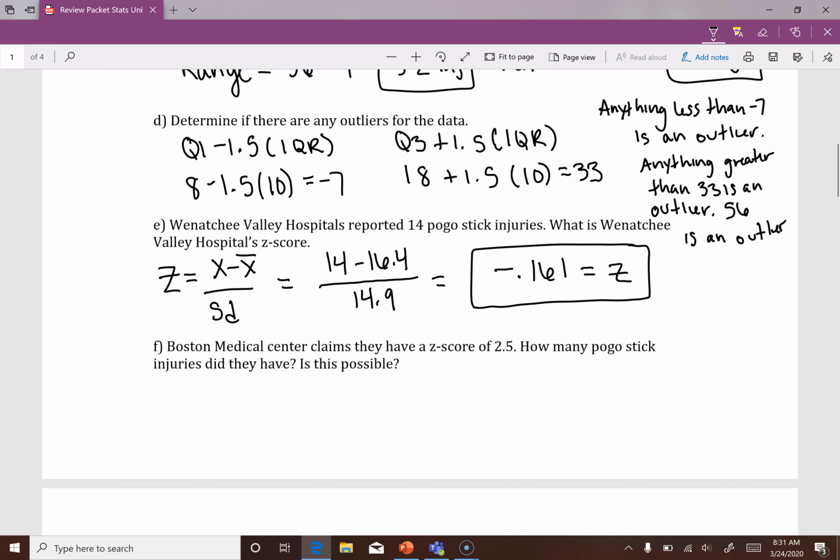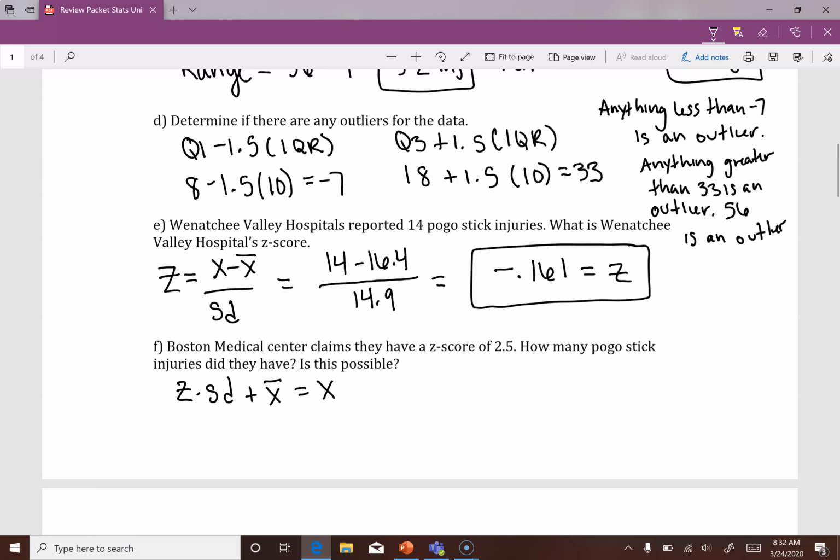All right, next up we've got Boston Medical Center claims they have a z-score of 2.5. How many pogo stick injuries did they have? Is it possible? All right, so we have z times standard deviation plus x bar is equal to x.